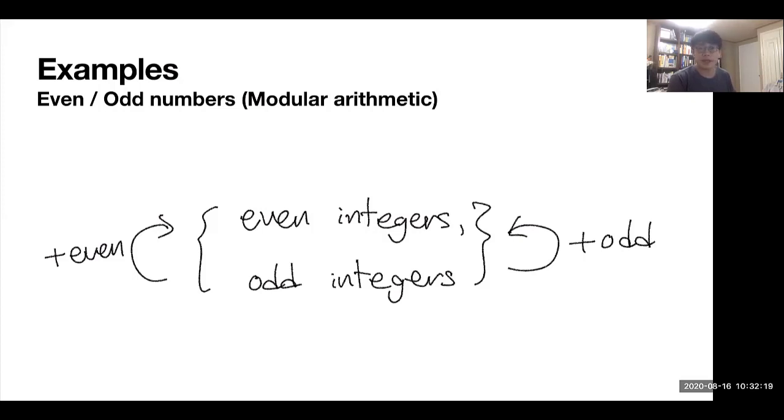But you can also add odd numbers. Now that would do something non-trivial to your set. The even integers are now sent to the odd integers, and the odd integers get sent to the even integers.